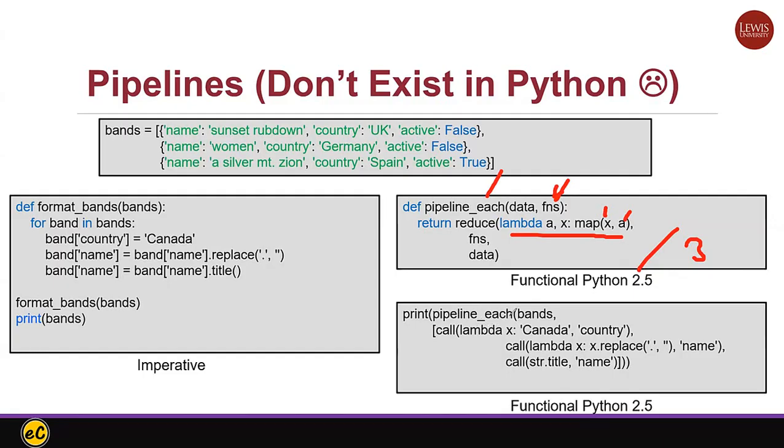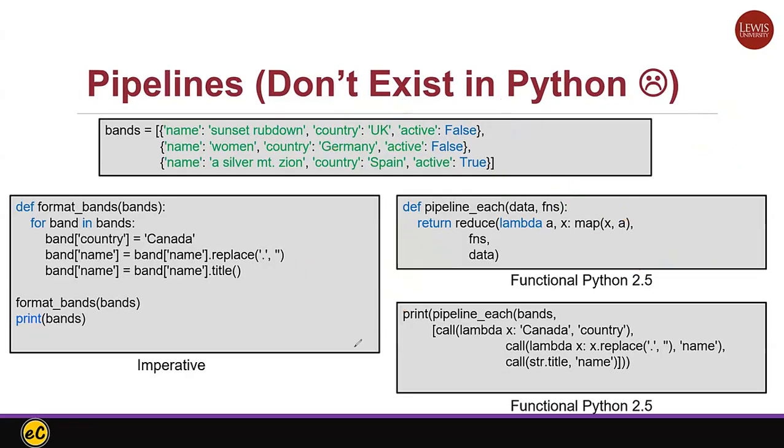Pipeline each pen and call this Canada country lambda replace that with name and title name. So these two are actually equivalent to this one, and pipelining is you put function call after function call after function call.